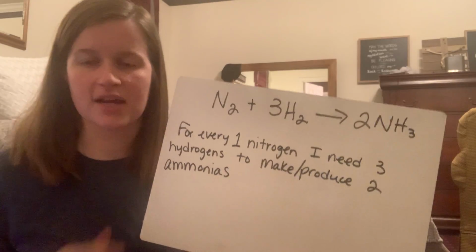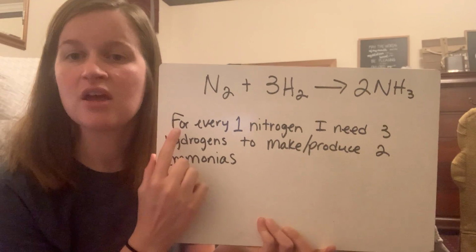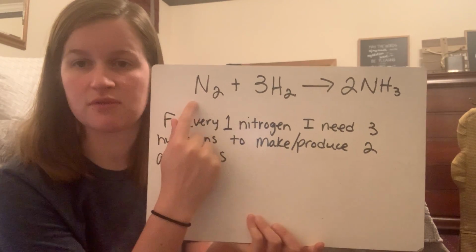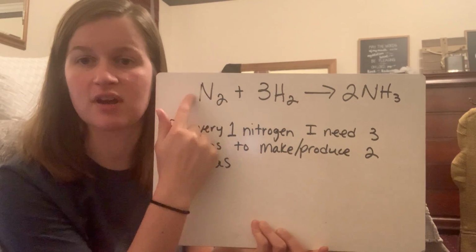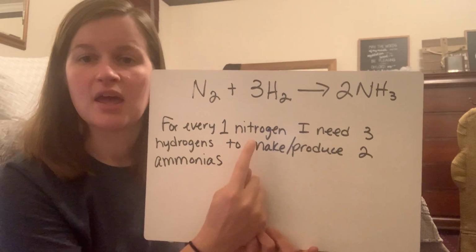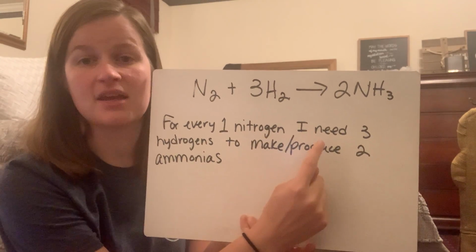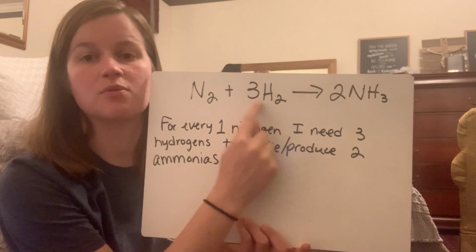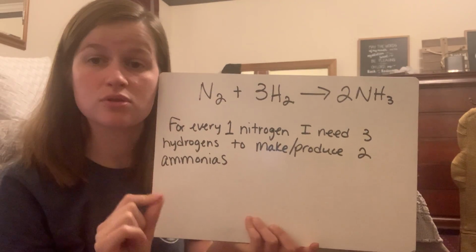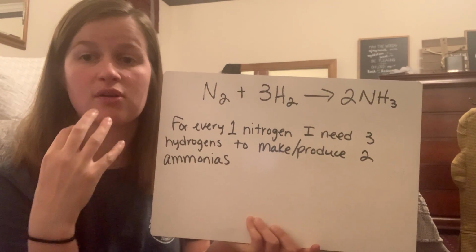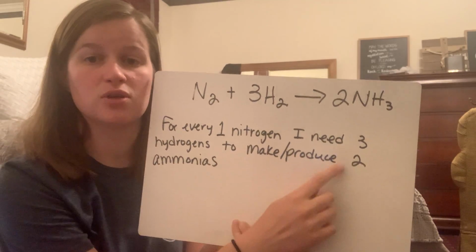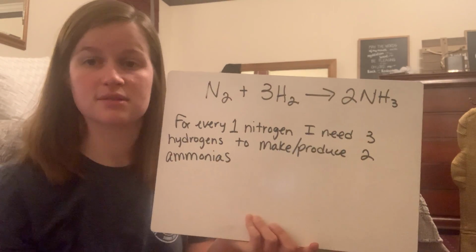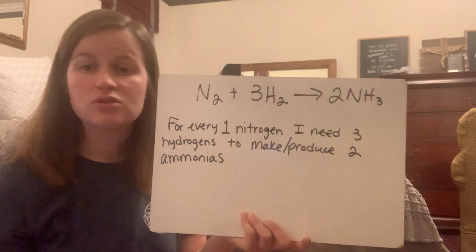So what this equation is actually saying without all the color is, for every 1 nitrogen, because there's nothing in front here, so that means it's a 1, I need 3 hydrogens to produce, to make, to create 2 ammonias. Okay, so that's all it's saying. That's what I need to make that. If I double it and I want to use everything, then that's what I'm going to need as well.